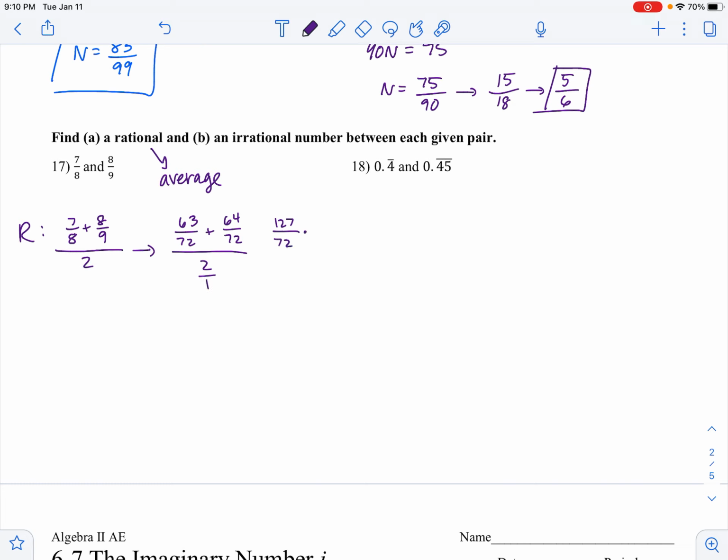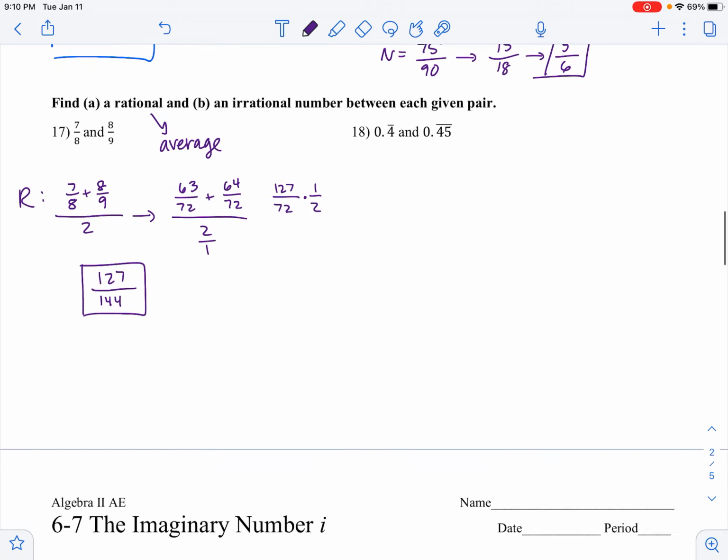Dividing by 2 over 1 is the same as multiplying by 1/2. And so the average is 127 over 144. And that is in between those two numbers because the average is always going to be in between those two numbers. Ooh, to find an irrational number, well, that's not quite as easy.